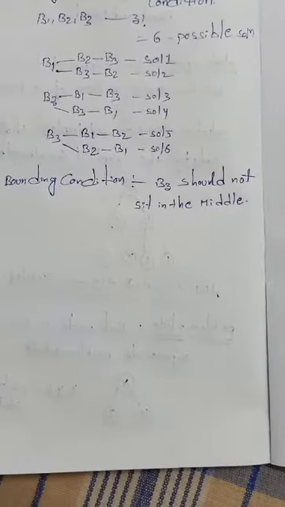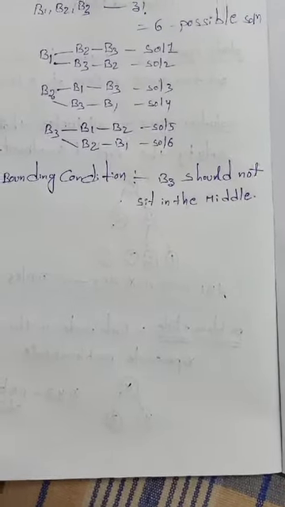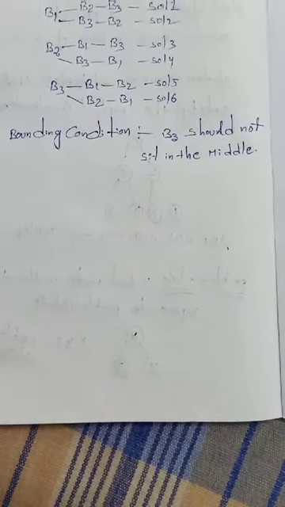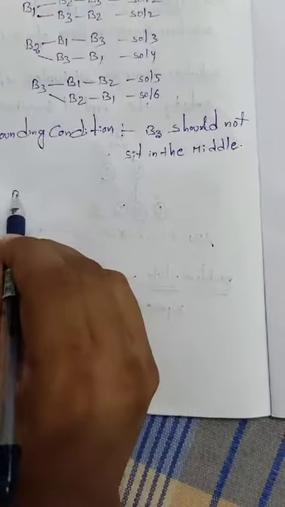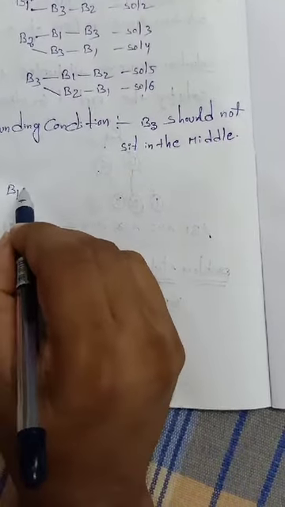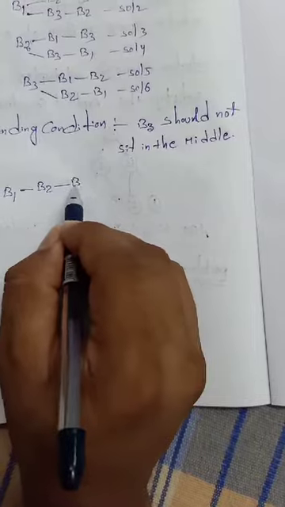Means he can sit either first or last, but he should not sit in the middle. Let's see the possible solutions of this problem using the given bounding condition. I can start with B1, yes fine, B2, yes fine, then B3, yes fine.